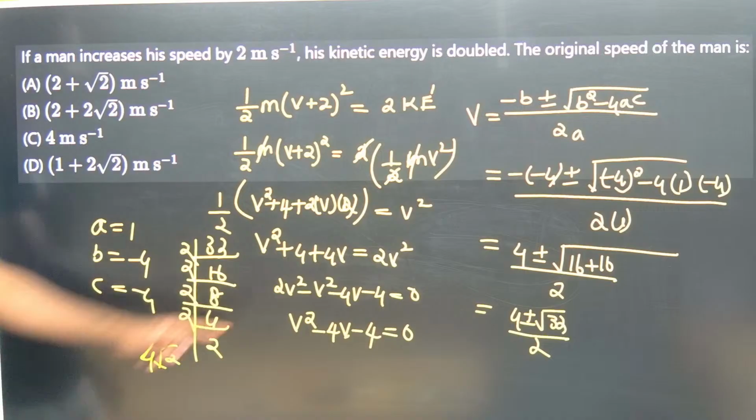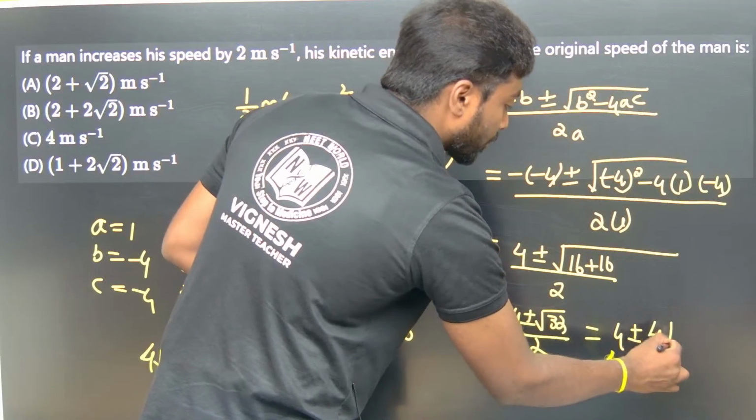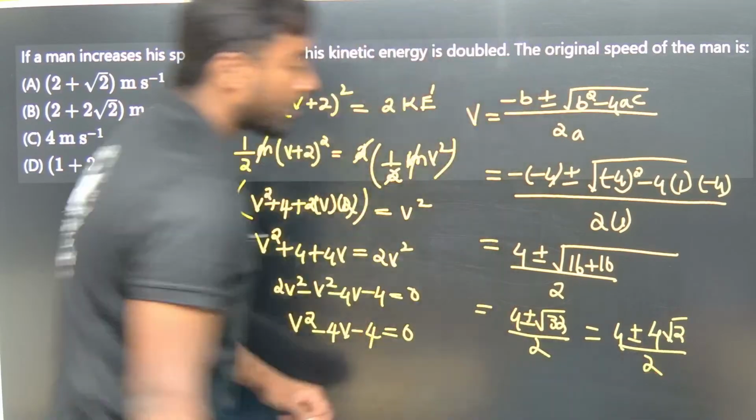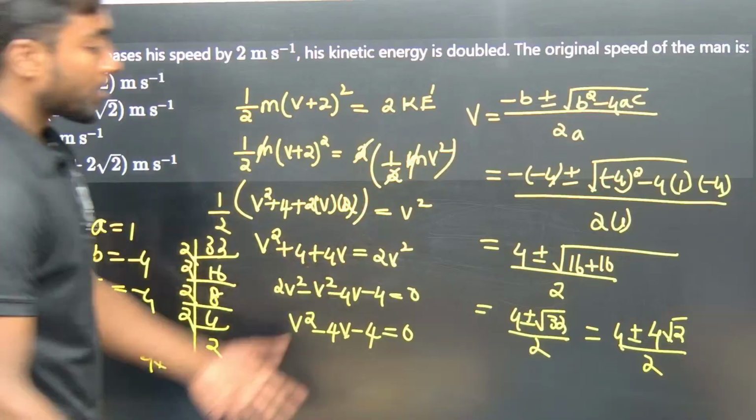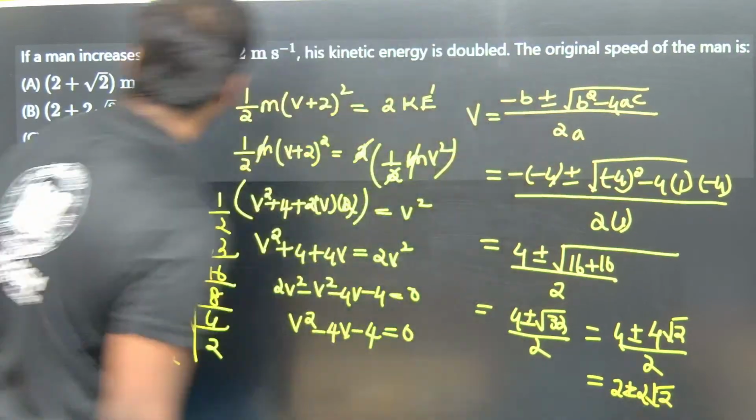So 4 plus or minus 4 root 2 divided by 2. Take 2 commonly outside, which is 2 plus or minus 2 root 2.